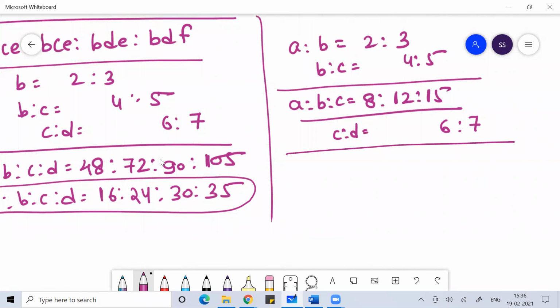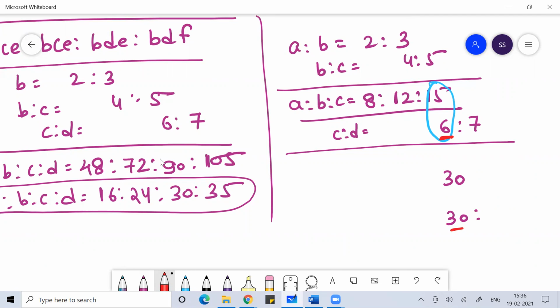Okay, now I want to make C equal. You can see C is in both, 15 and 6. So what I can do to make them equal, LCM of 15 and 6 will be 30. So I'll write here 30, write here 30. What I did with 6 so that it becomes 30, I multiplied by 5.